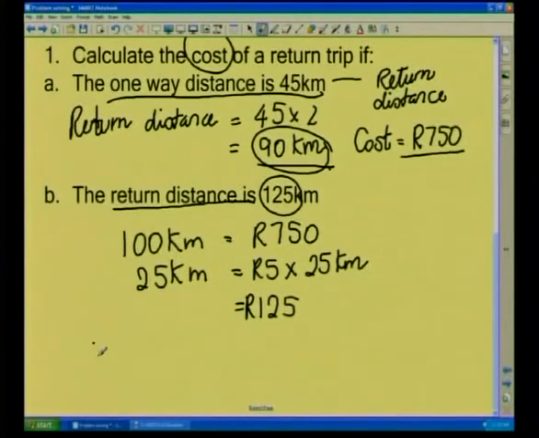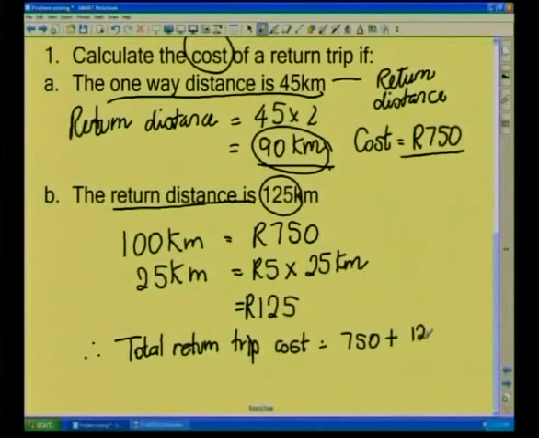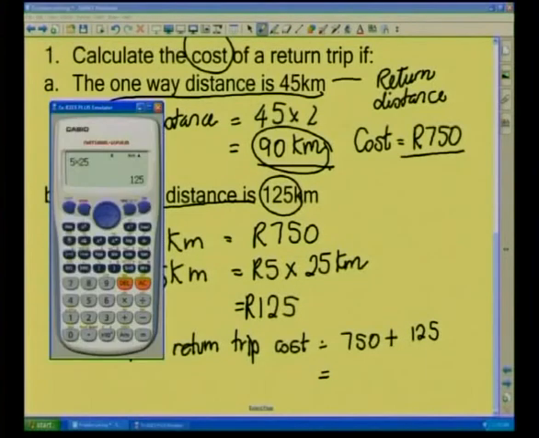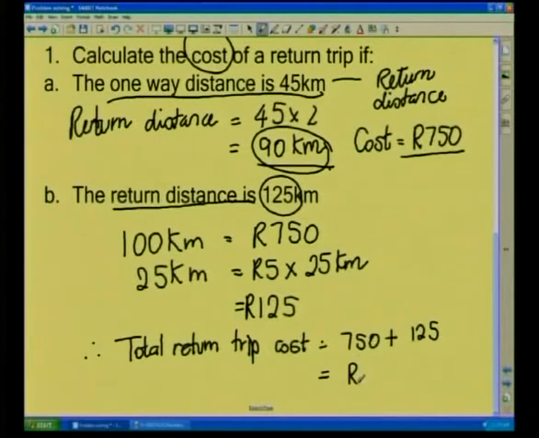This means that our total return trip is going to cost the 750 Rand plus 125 Rand, which is equal to 875 Rand.